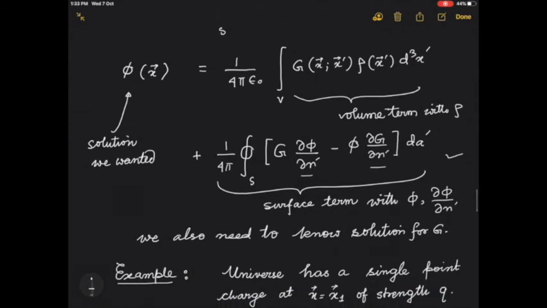And I write down then the solution for phi in terms of what? In terms of that Green's function, the value of rho inside the volume, and the value of the boundary conditions, essentially, which are the values of phi and del phi del n prime at the surface of the volume.